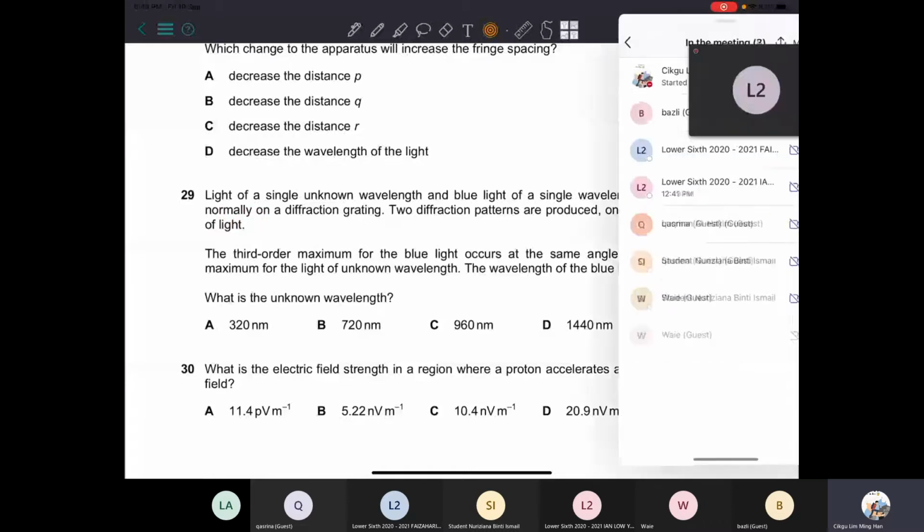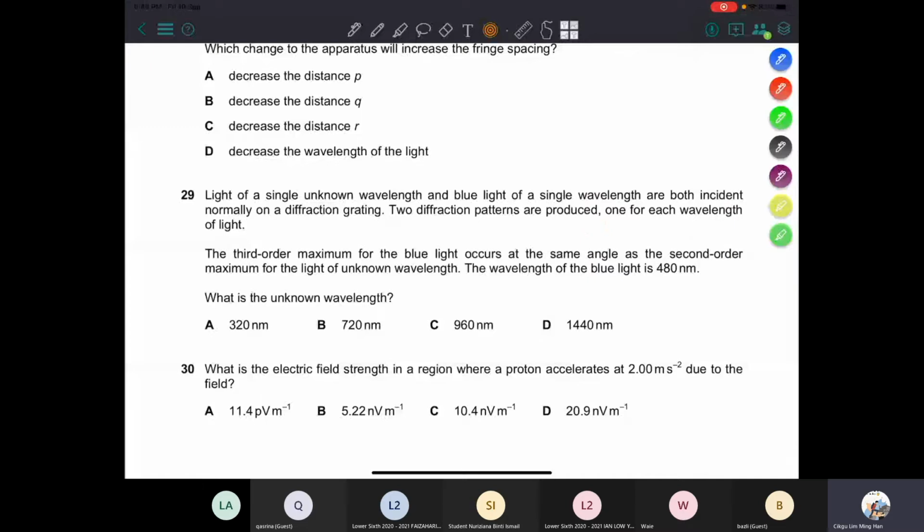29. Okay, so you have an unknown wavelength and a blue single wavelength, both incident normally at the diffraction grating. Two diffraction patterns are produced, one for each wavelength.